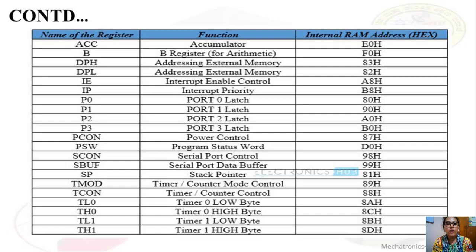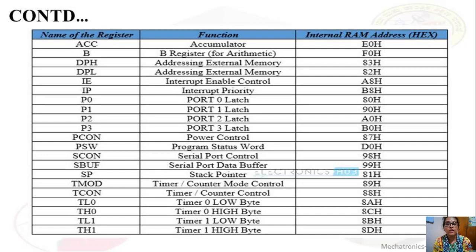Next, P0, P1, P2 and P3 are the input output port latches. Next is PCON, power control, PSW, program status word, SCON, serial port control, and SBUF, serial port data buffer. SCON and SBUF are the serial communication special function registers.